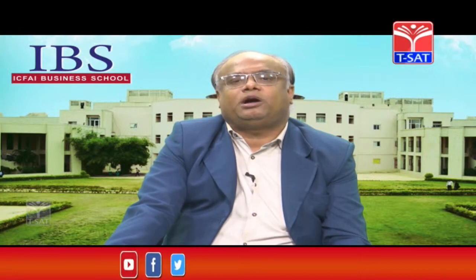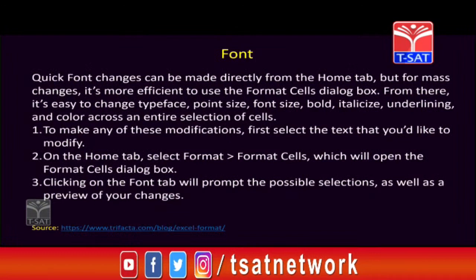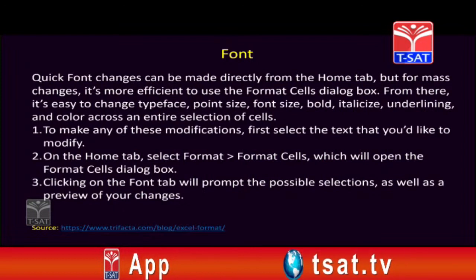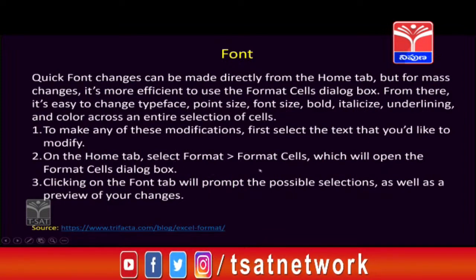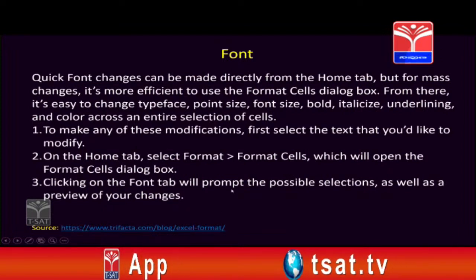The next option which is available as part of formatting is known as the font. So, if you want to carry out some quick changes to the font that you are using, you can select this option. Again you go to the Home tab, you select Format and then Format Cells, and once the Format Cells dialog box opens, this time we select the Font tab.